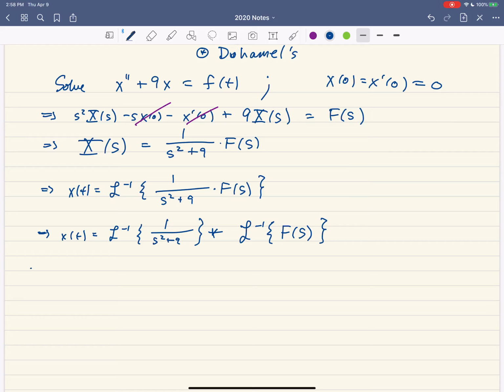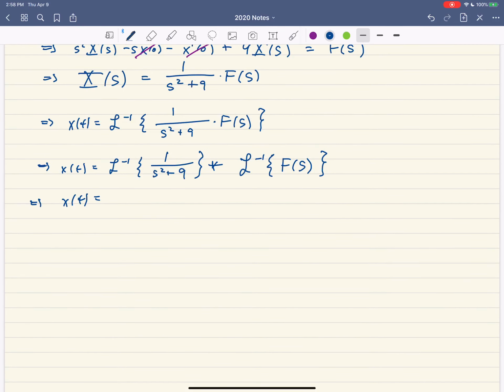And so that tells us that our solution, little x, is going to be the inverse Laplace transform of 1 over s squared plus 9. This is a 9. And that's going to be, let's see, we'd have to put a 3 up top. So we'd have to put a 3 and then put a 1/3 out front. So that would make this 1/3 sine of 3t.